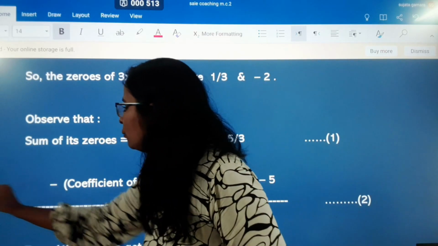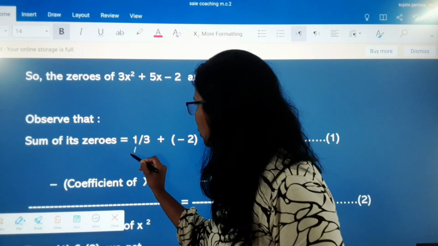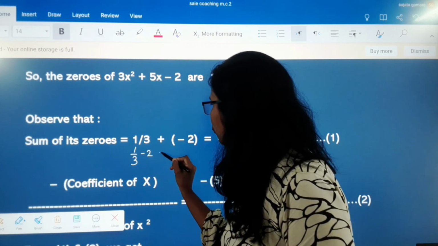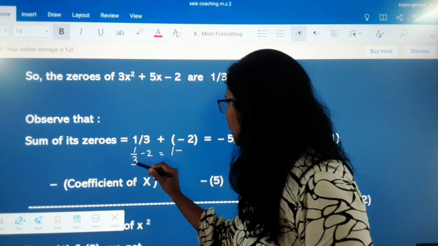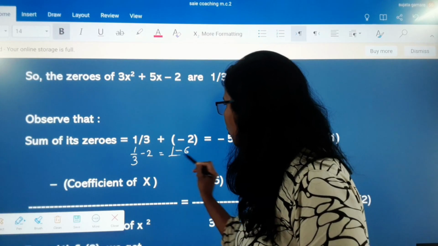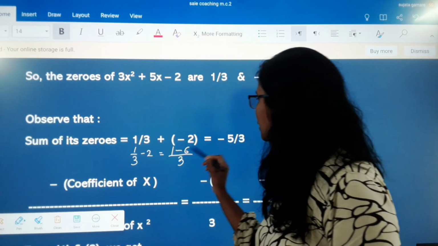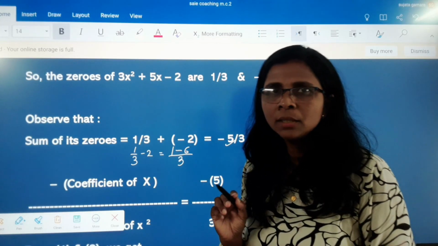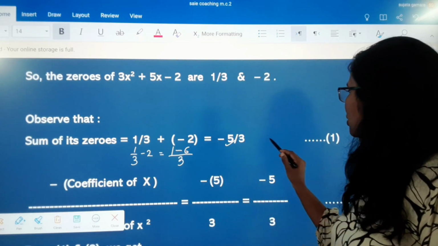Calculating, that means minus 2, which is equal to 1 minus 6 upon 3, that means minus 5 upon 3. Call it the first equation.